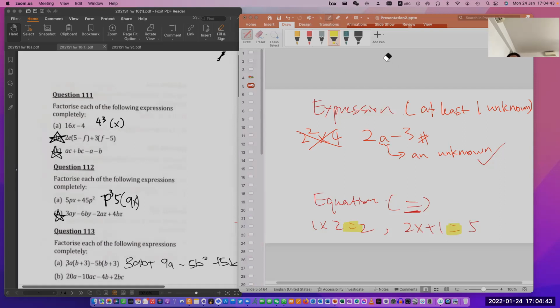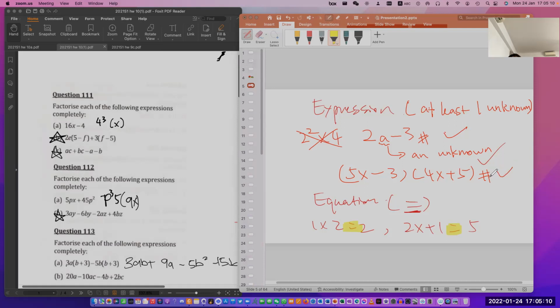So another example of an expression is you can give yourself 5x minus 3, and then of course you can bracket this and continue like 4x plus 5. So this is also an expression. This is the first example of an expression, and this is the second example of an expression.